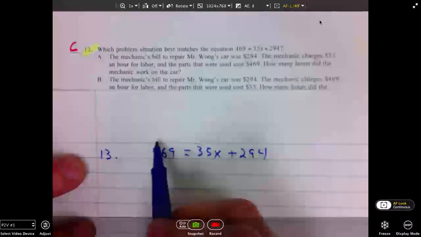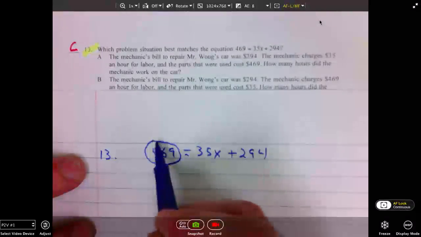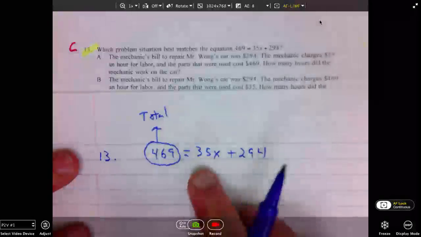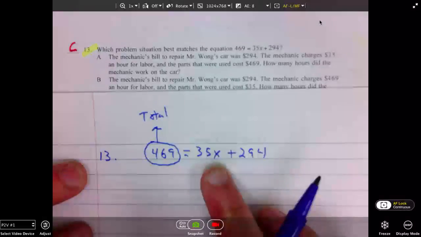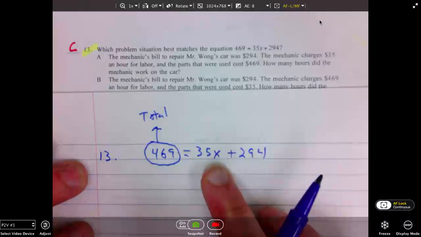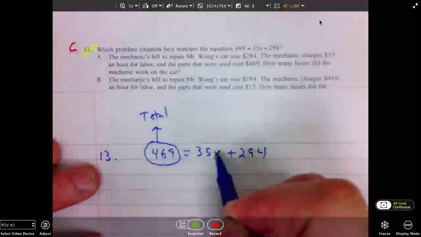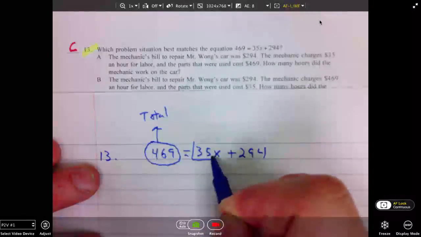In this case, you can see that 469 is our total. It's the sum. We're taking 35 times some variable x, and we're adding 294 to that. Well, this 35 times our variable x is our rate.